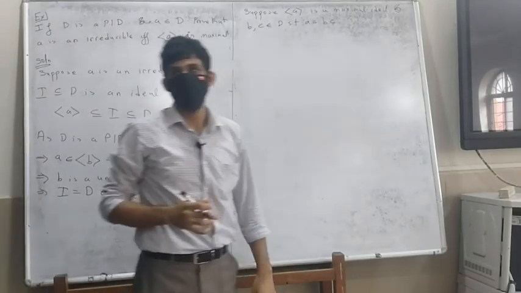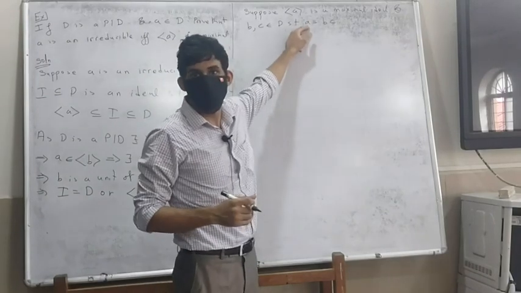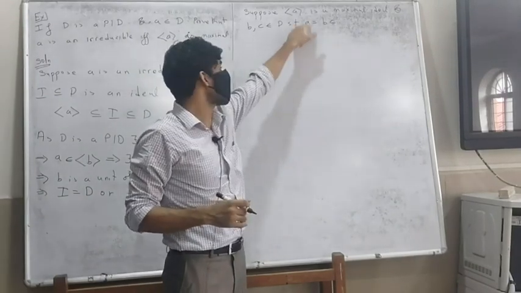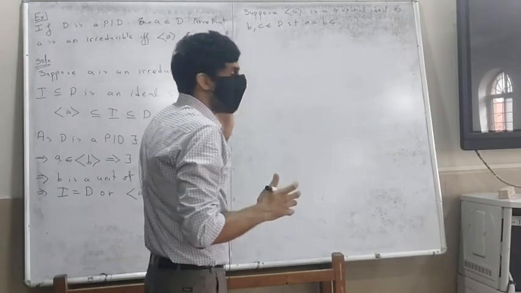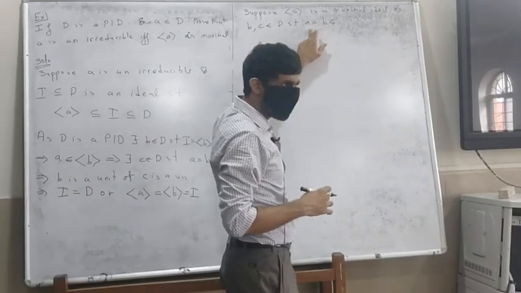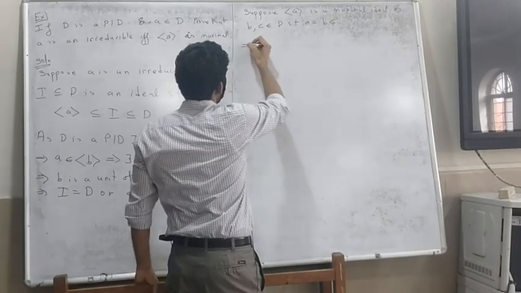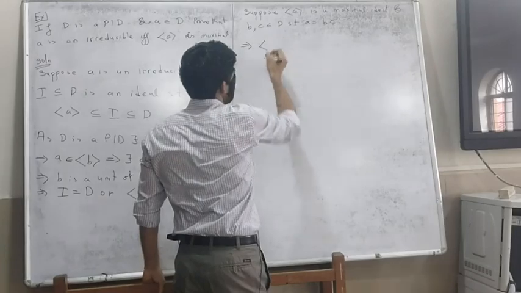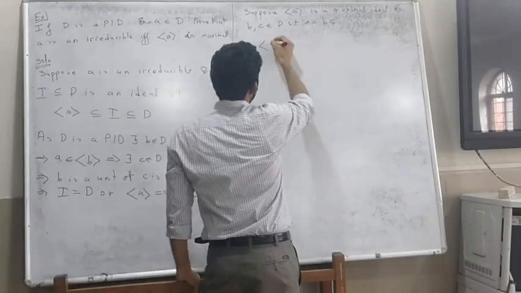I need to use the fact that the ideal generated by A is a maximal ideal. One thing you can easily see is that B divides A or C also divides A. In any case, let us use the fact that B divides A, it really doesn't make a difference.